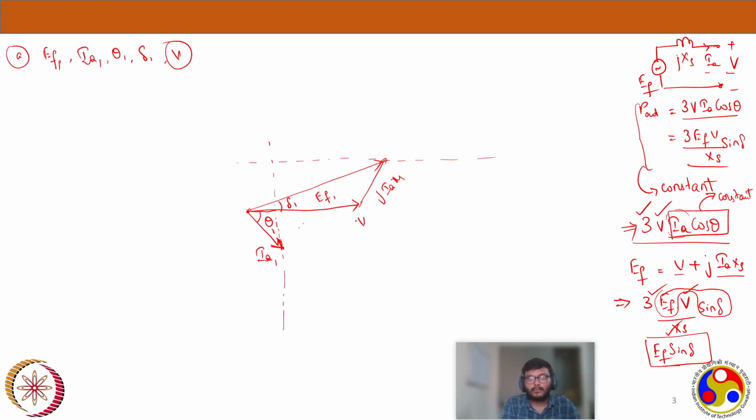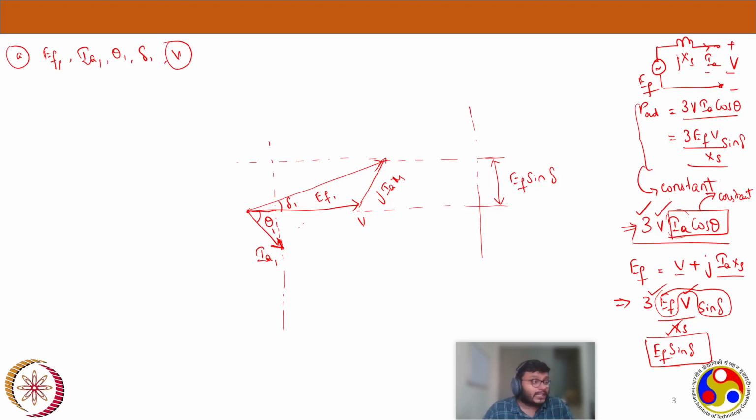This is EF cos delta, and this is EF sin delta. This is the projection of EF onto the vertical axis, that is the sin delta projection, EF sin delta. This has to be constant.